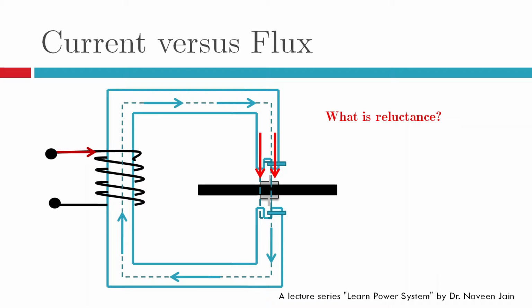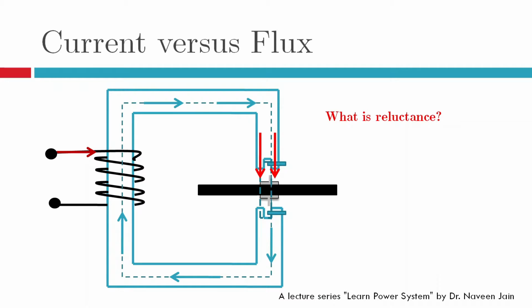Indeed, magnetic reluctance or magnetic resistance is a concept used in analysis of magnetic circuits and it is very important. I also recommend all the students should solve some questions to determine the reluctance of a magnetic circuit.